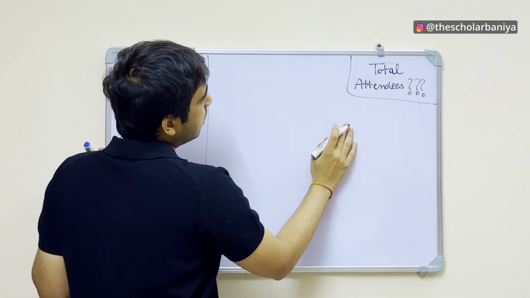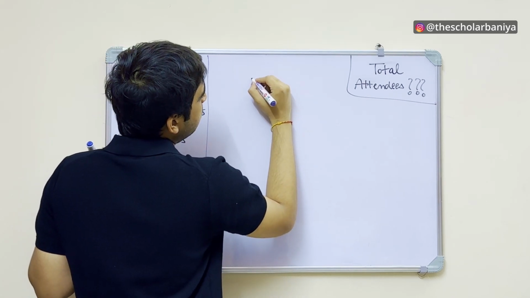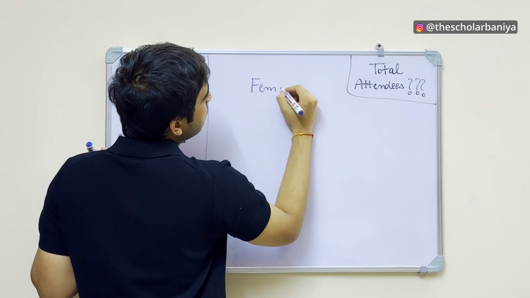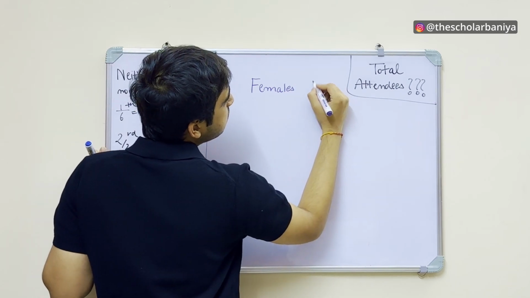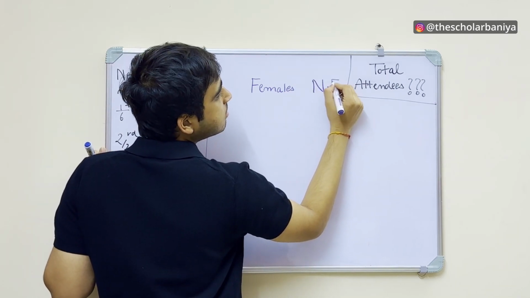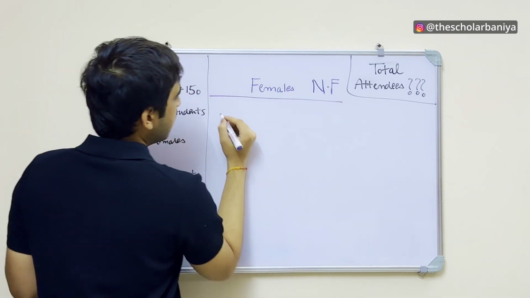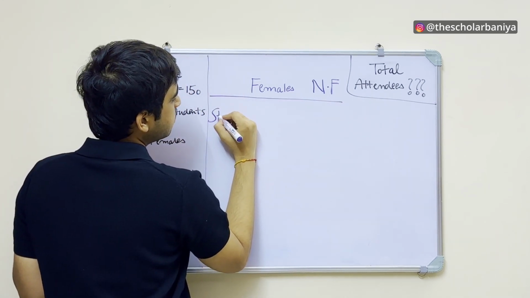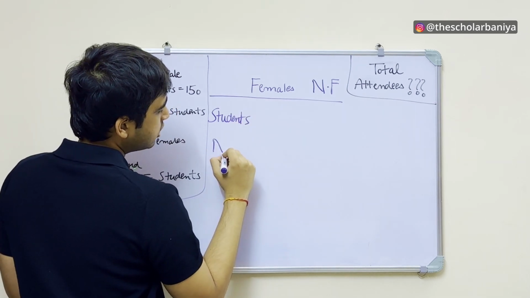For example, we make a table, right? So we make a table where this is females, and this is non-females. NF means non-females, okay? Let's suppose this is students, and this is non-students, NS.